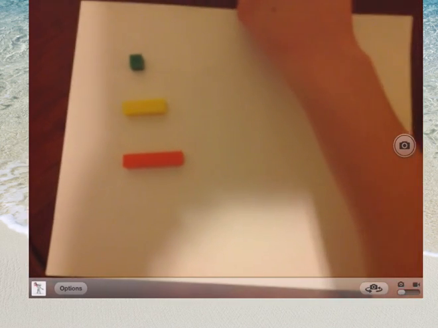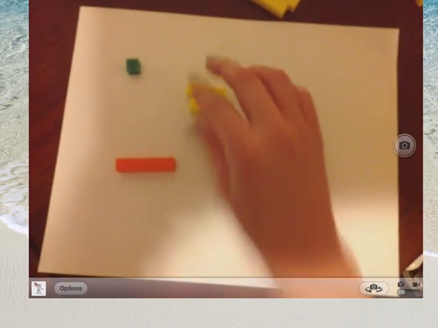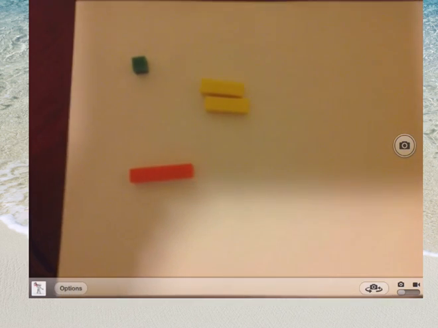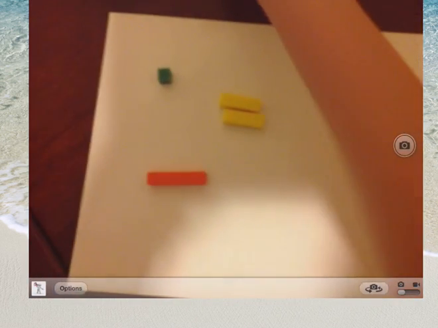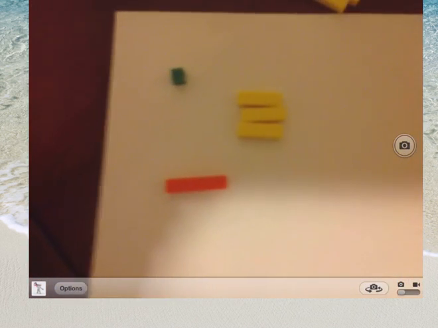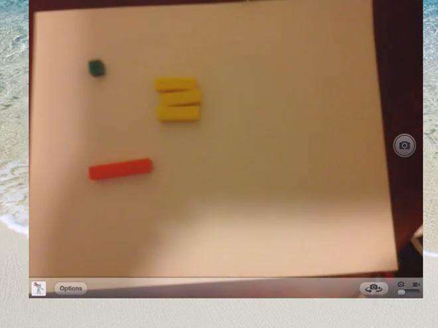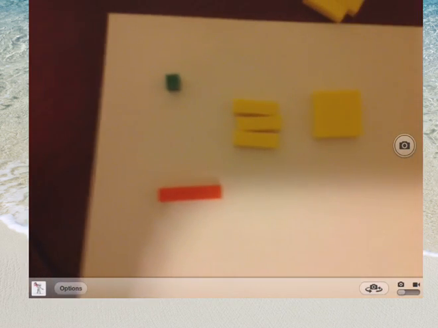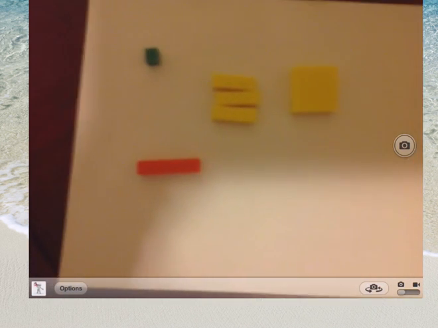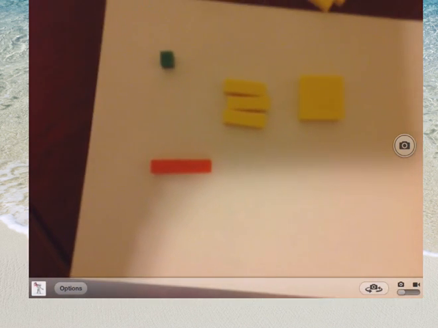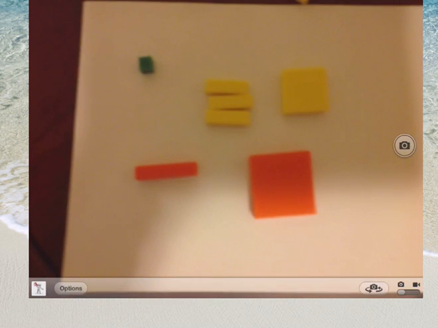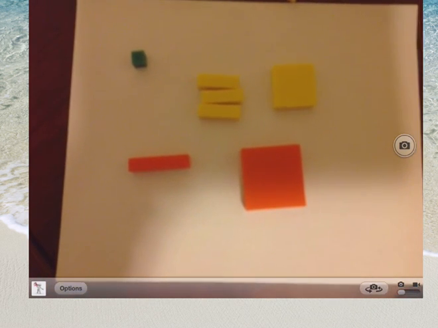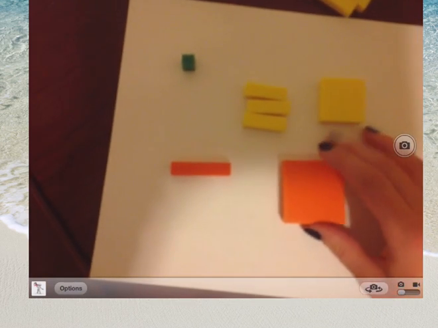If we needed to represent 2x, we will put down 2 yellow blocks. Okay, if we needed to represent 3x, we will put down 3 yellow blocks. And then remember also that our yellow square represents x squared, or x to the second power, and our orange square represents y squared, or y to the second power. Okay, so those are the basics of the algeblocks.